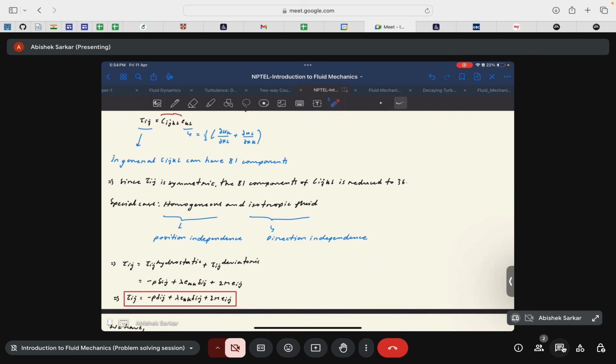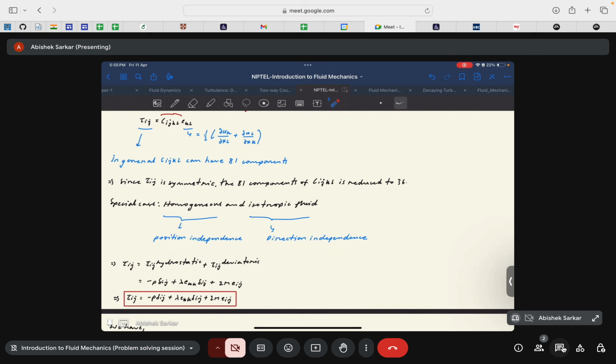Secondly, we impose two assumptions, that the fluid is homogeneous and isotropic, which in general is the case. A homogeneous fluid means it is position independent: the fluid property does not change from one point to another. An isotropic fluid means the fluid property does not change from one direction to another.